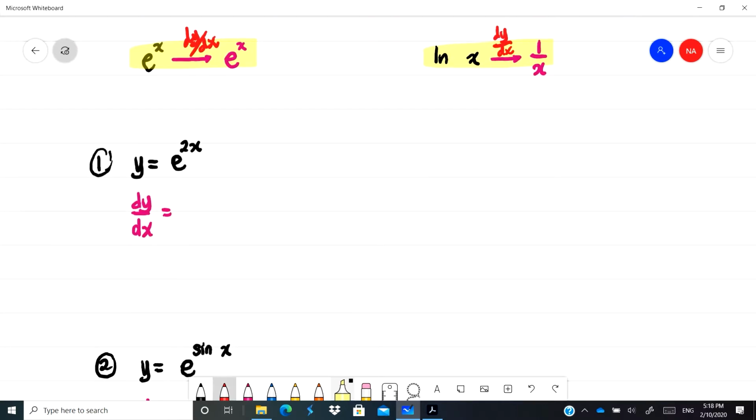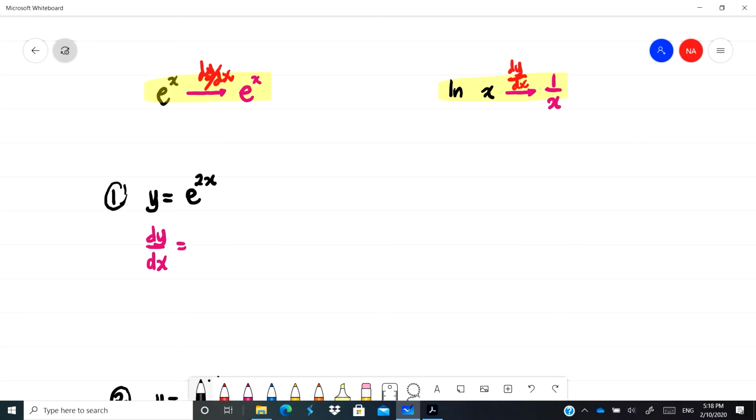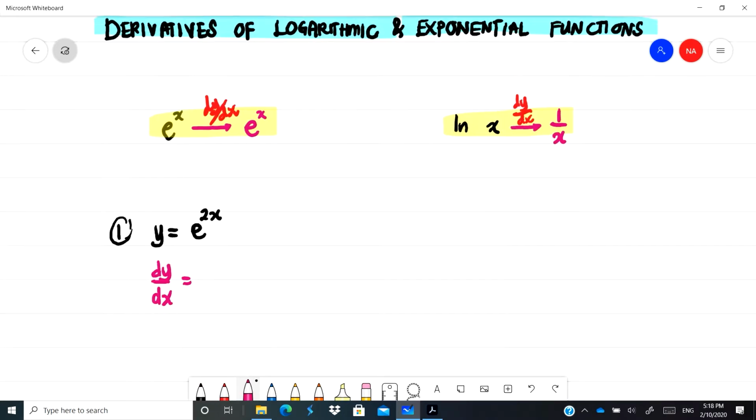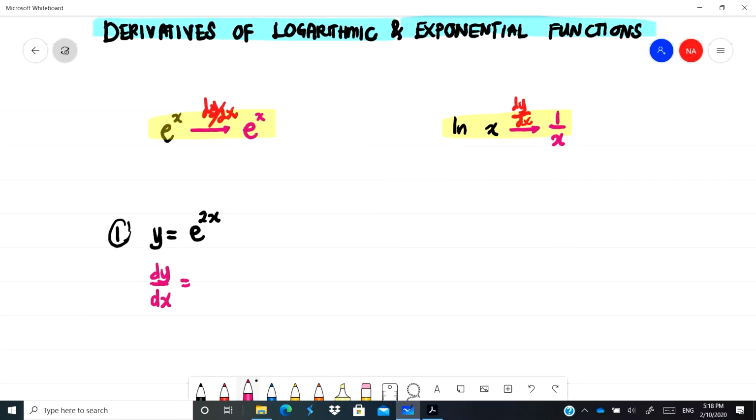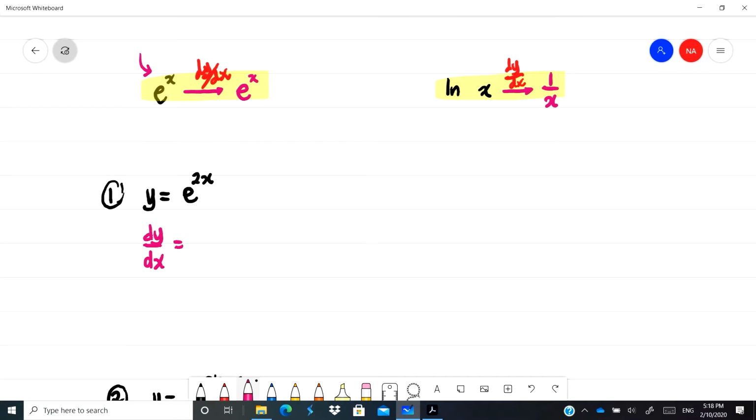So let's look at the first question. What if you are given e to the power of 2x? From the rule that we have memorized here, we have to write that it is unchanged. If you are given e to the power of 2x, dy over dx will become e to the power of 2x.